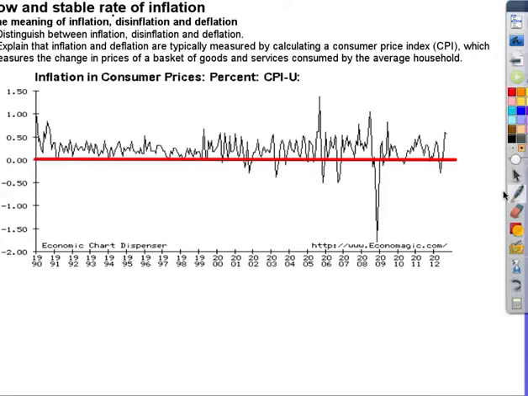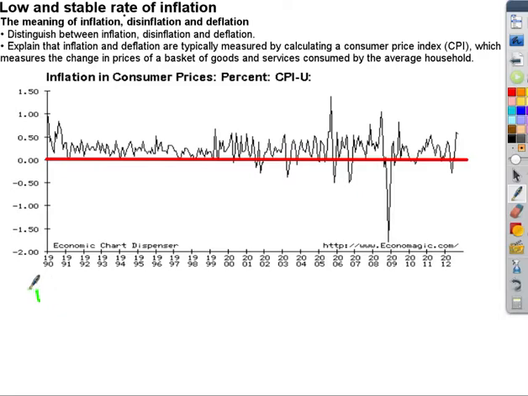Let's write a couple of definitions out real quick. Inflation is simply a rise in the general price level in a country.